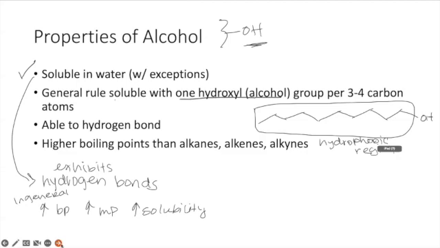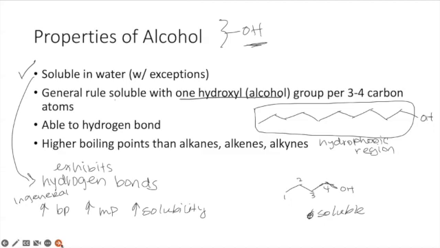But in general, 3 to 4 carbons, 1, 2, 3, 4, soluble. Like I said, this is because they're able to hydrogen bond.